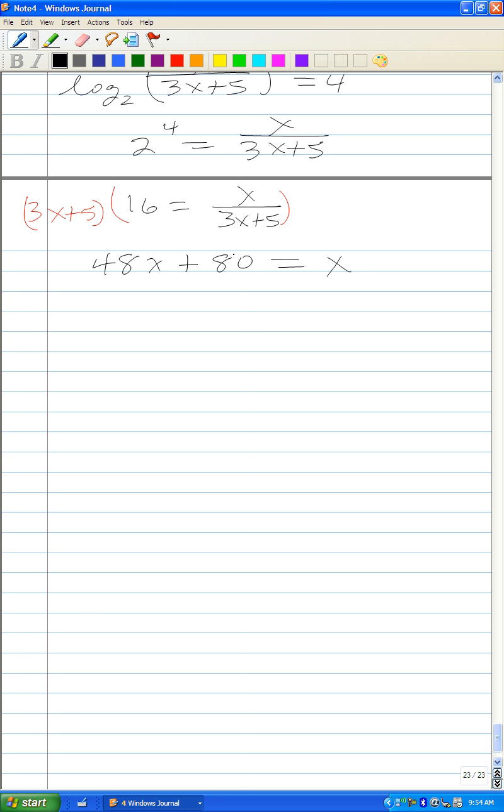Let me subtract 48x from both sides of my equation. And so I have here that 80 is equal to negative 47x. Divide both sides of your equation by negative 47.